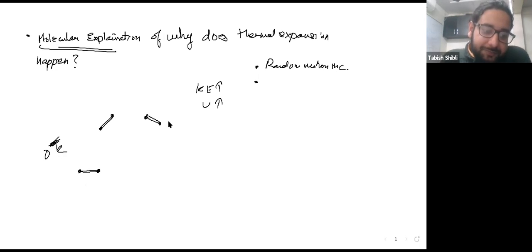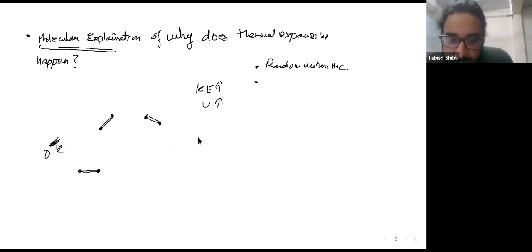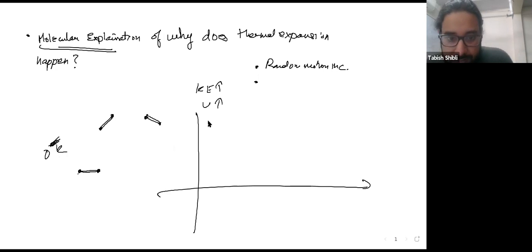सो यू आर एट 0 केल्विन। आई ड्रॉ द ग्राफ ऑफ हाउ दिस लुक्स.